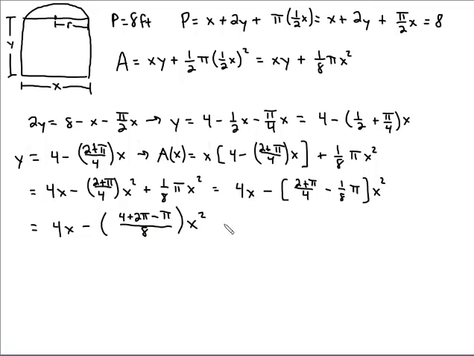And then we have like terms there, so we can go one step further, get 4x minus, coefficient now will be 4 plus pi over 8.